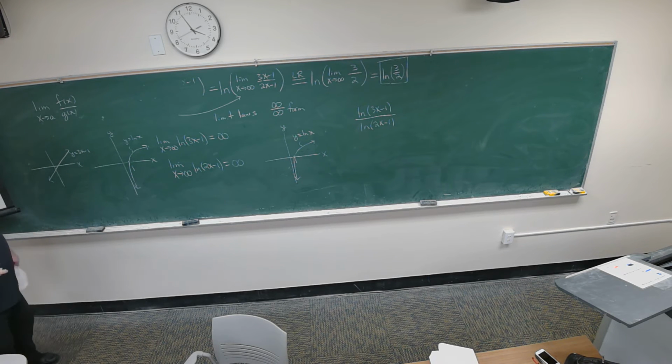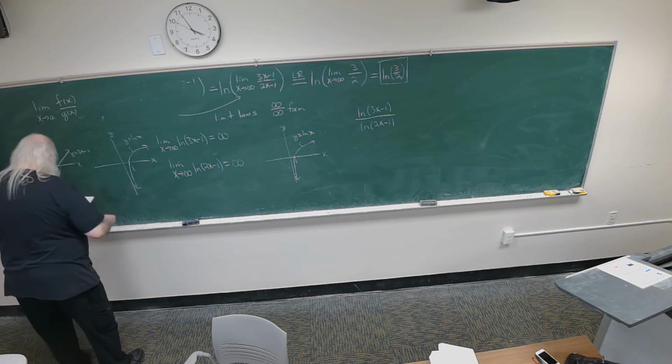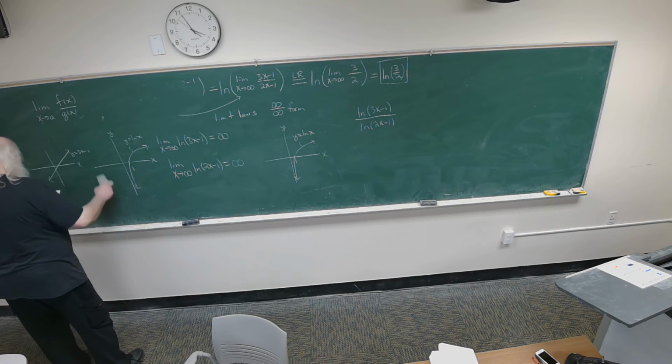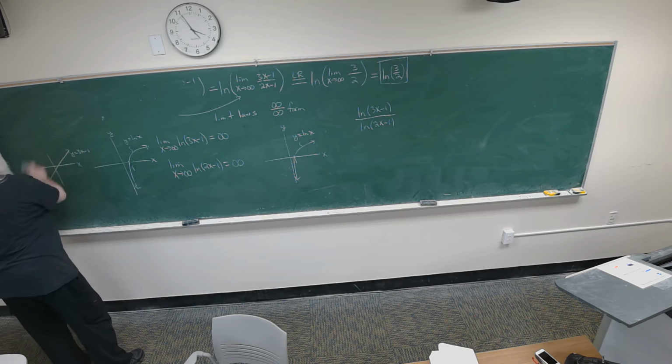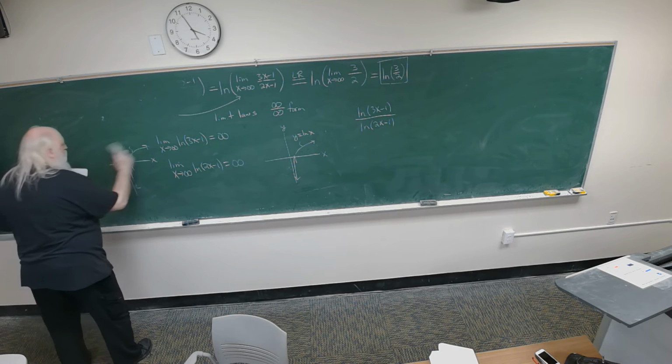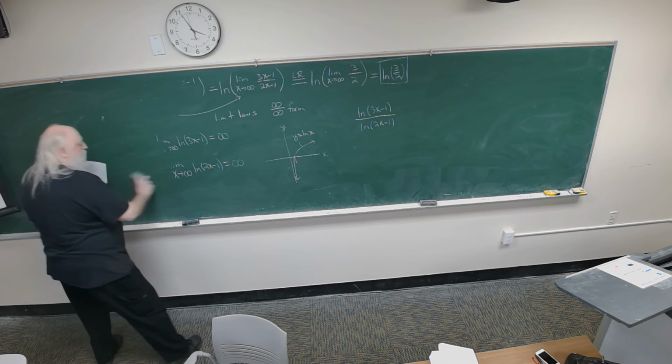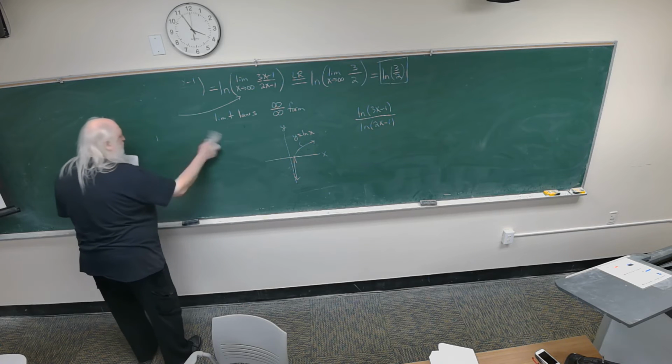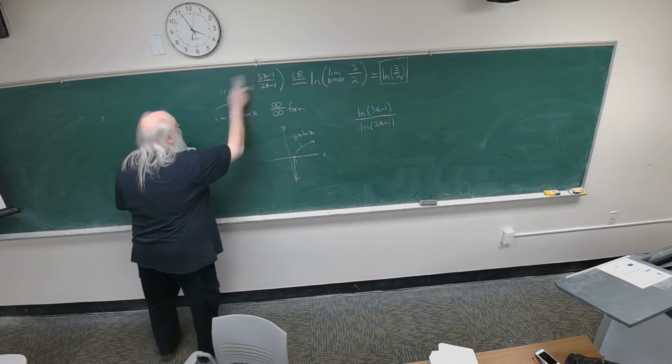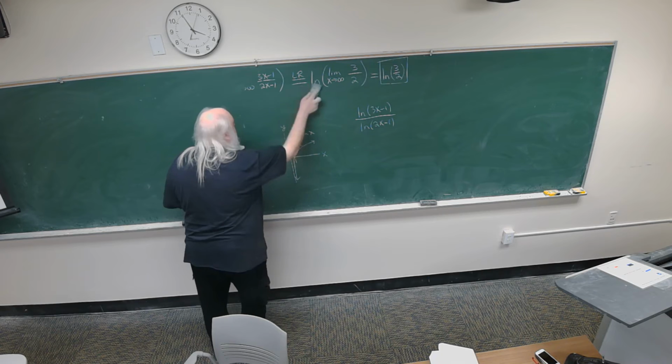L'Hopital's rule doesn't allow us to say that limit doesn't exist, and we're going to demonstrate that with an example. L'Hopital's rule doesn't always give us an answer, even when we have 0 over 0 form and infinity over infinity.